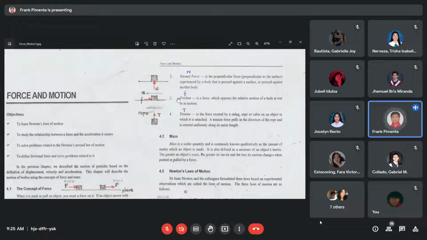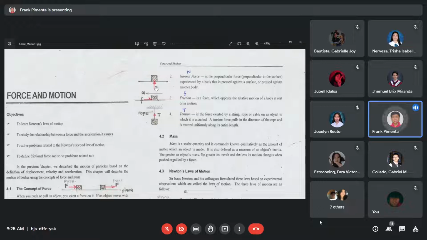But if you go to the definition, since friction is produced by the interaction of the two surfaces, the correct location of this friction force is here, pointing at the two surfaces interacting with each other. It may be placed here or here. This is similar to the construction of the normal force.